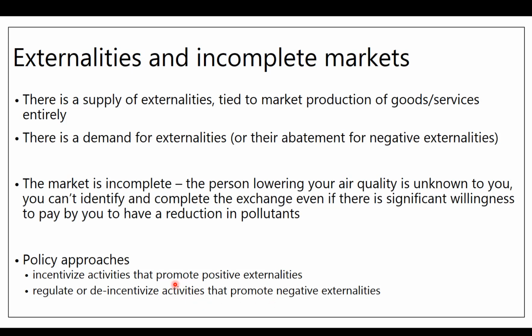Those are the two approaches. So either you incentivize the abatement side, or you regulate and then tax the negative externality. So certainly fines, penalties for effluent, and so forth are in that approach. EPA stuff, basically.